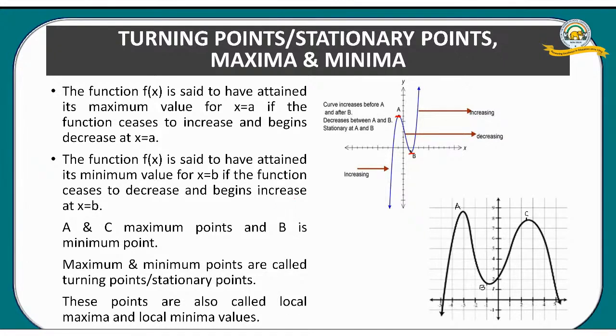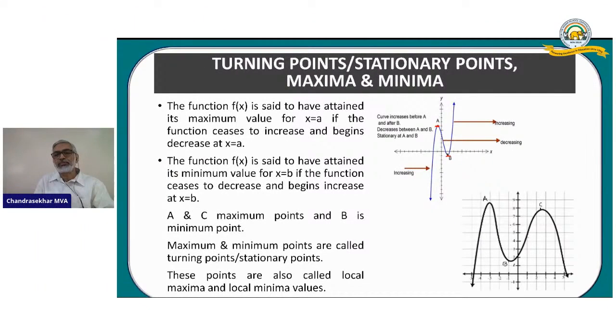Now in the interval a to b, the function is a decreasing function. Similarly, if you see the second graph, a to b, it is a decreasing function, and b to c, it is an increasing function, and again c onwards, it is a decreasing function. So at point A, point B and at C, the status of the curve is changing from one state to another state.